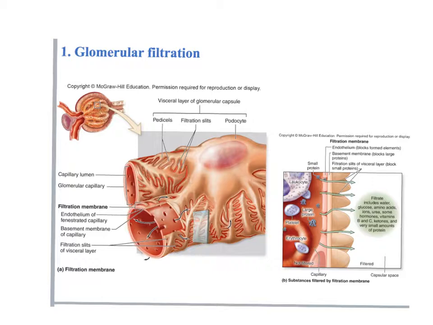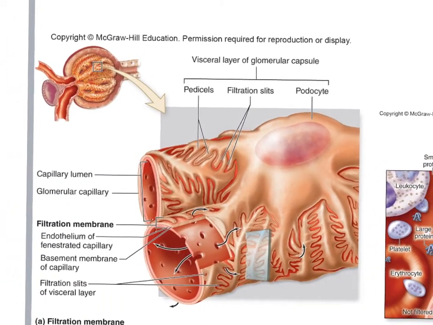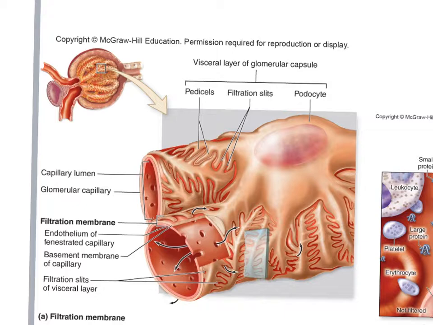That means small things go through, big things do not. So the filter that we're talking about is actually made up of types of cells that surround the glomerulus called podocytes.